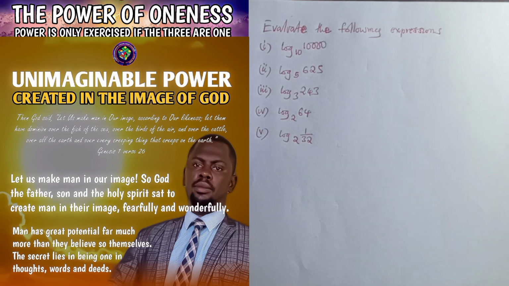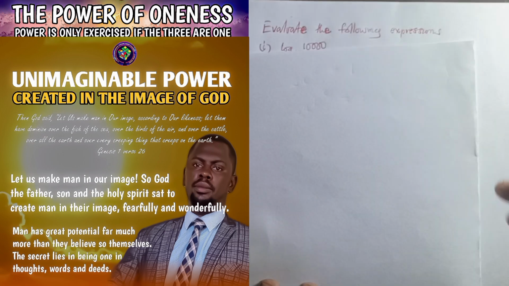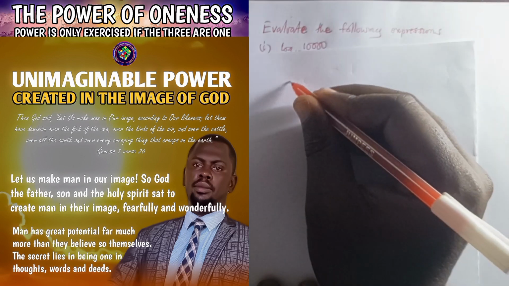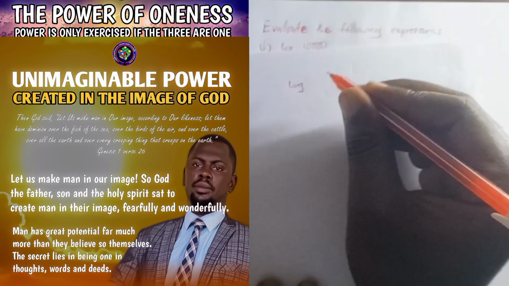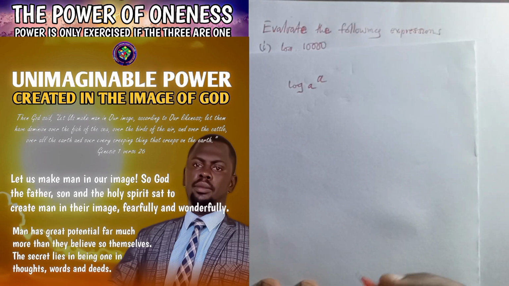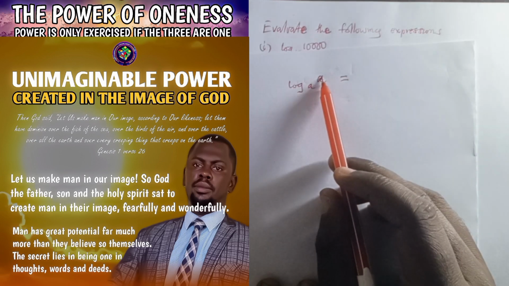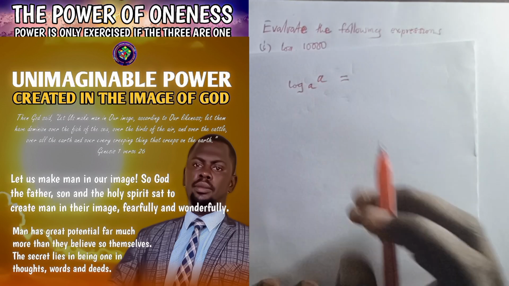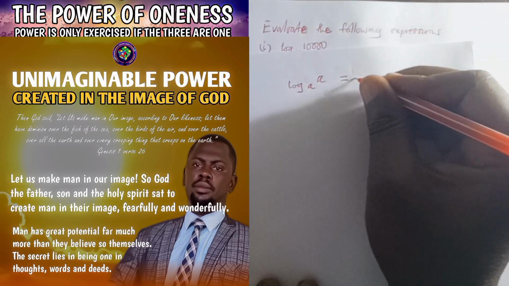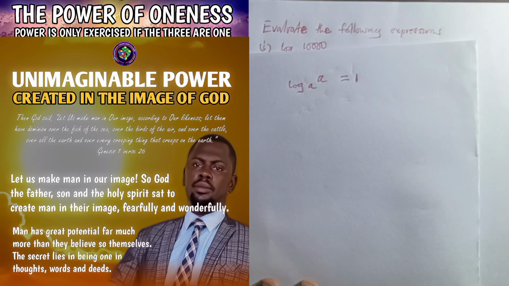The first law which we need to remember is that when you have log of a base a, the value for the log and the base are the same, then it means you're supposed to have a 1. So log of a base a is equal to 1.